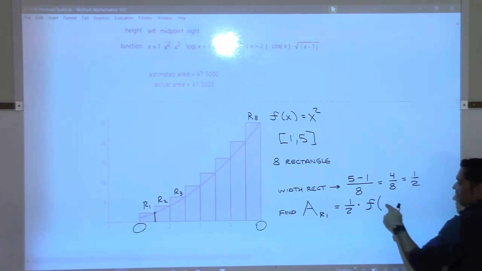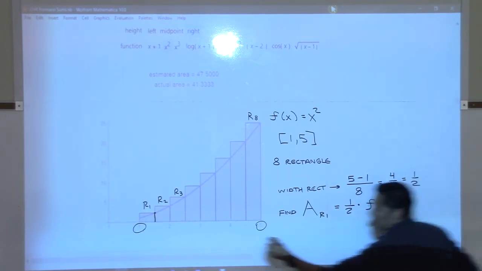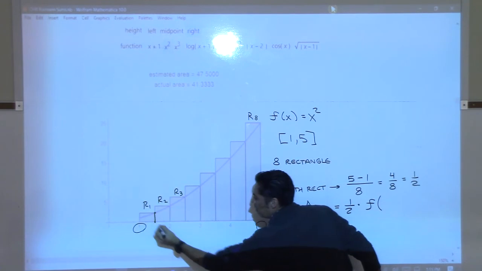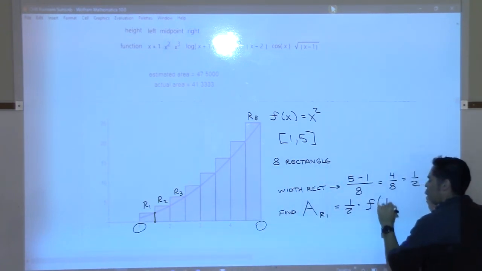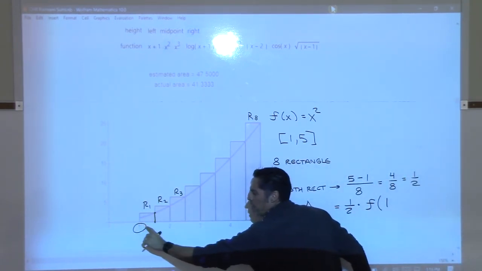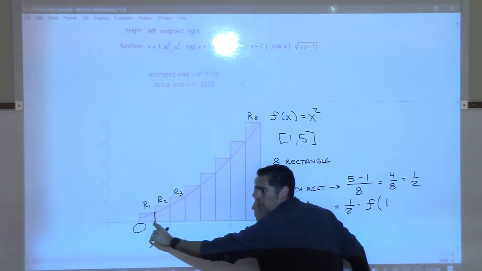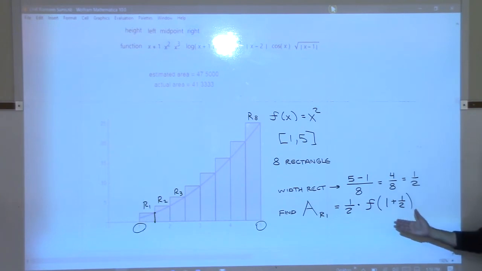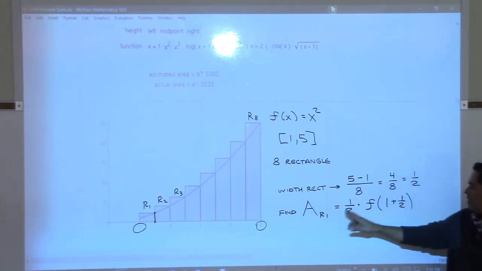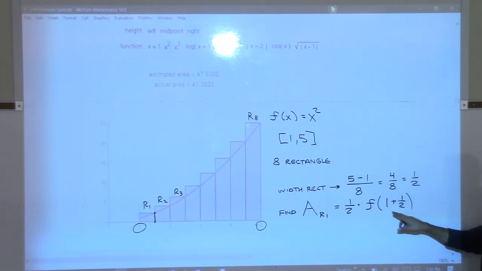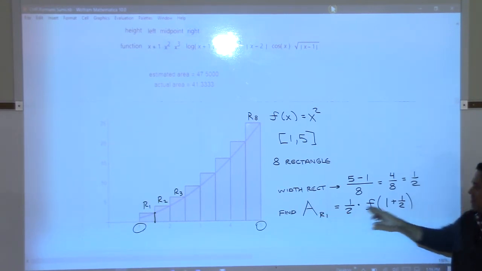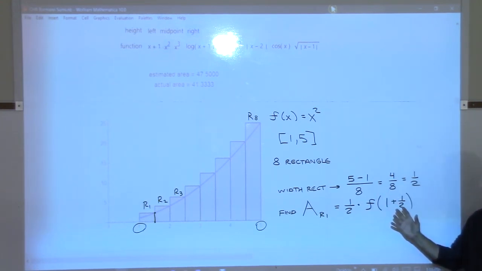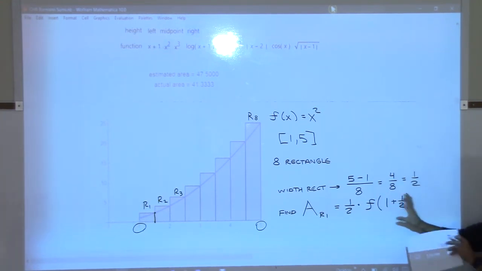Would you agree that I could look at this x coordinate as starting at 1, that's right here, and then moving over by the width of the rectangle? So I could say 1 plus a half. And yes, that's 3/2. So the area of rectangle 1 is its width times its height. Got it? Now we could compute this, couldn't we? I'm not going to, but we could.